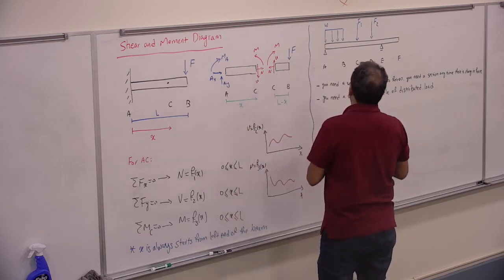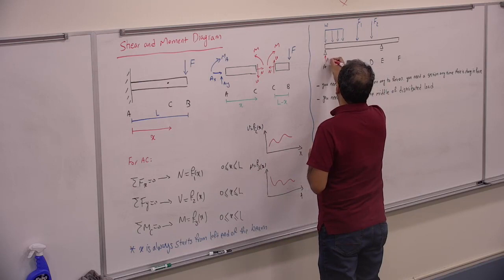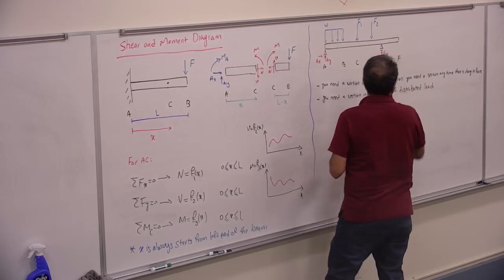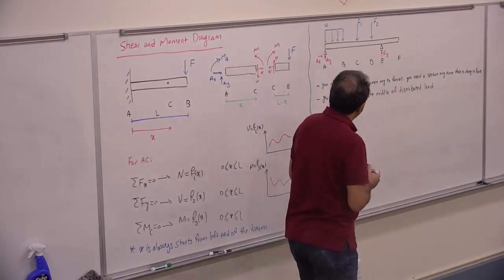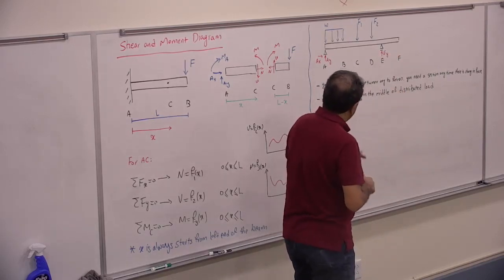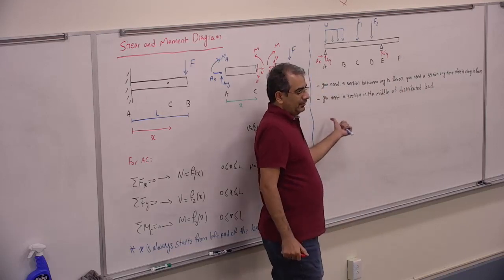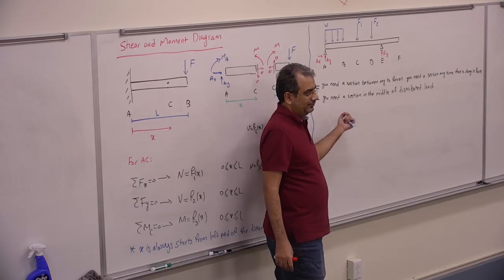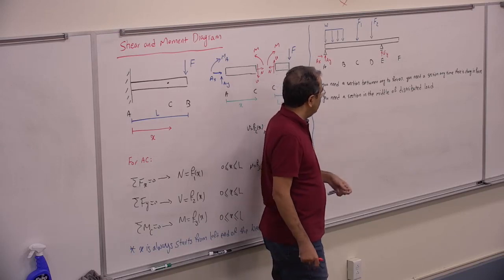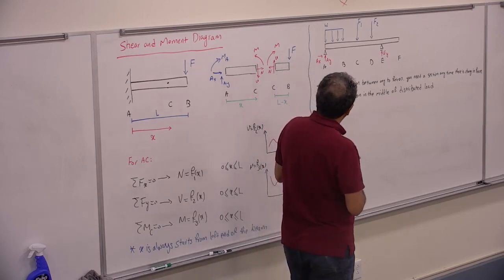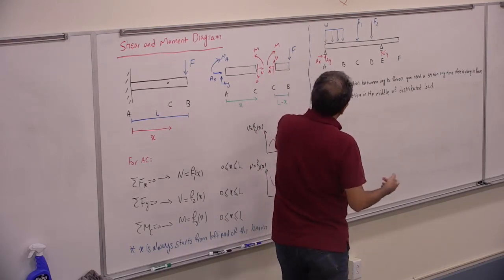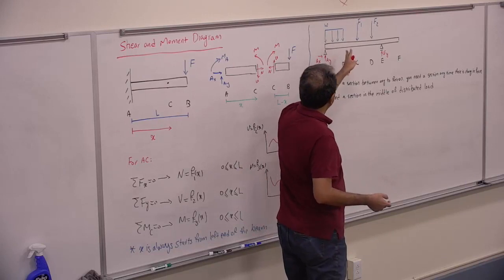Assume here I'm going to have the Ay, Ax, and here I have the Ey. This part we're going to do a lot in this course, so make sure that you follow that.